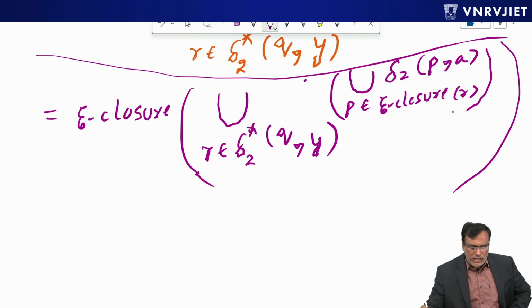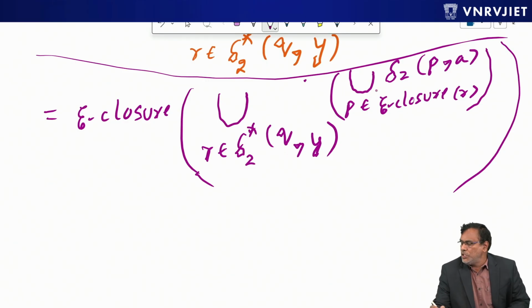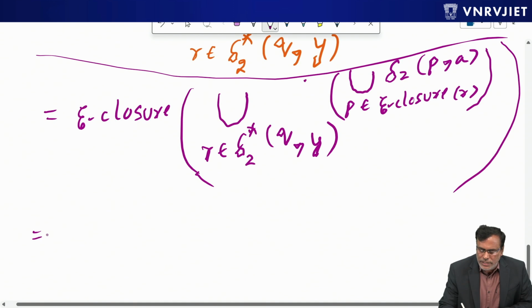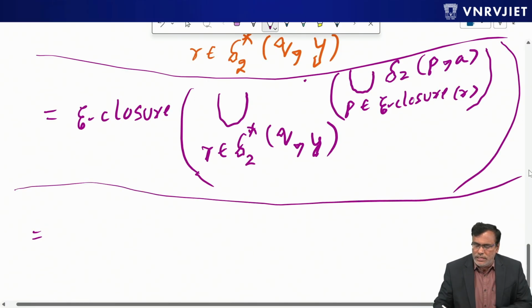And this epsilon closure of R is a subset of this delta 2 star of QY. Therefore, here you have two unions. These two unions are unnecessary. You can have just one union. Therefore, this can be rewritten as follows.